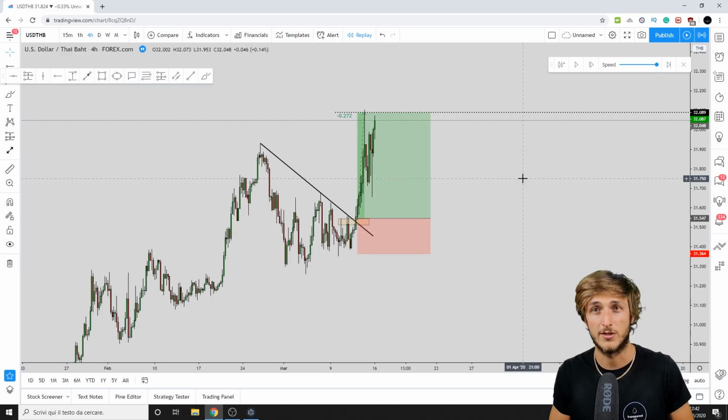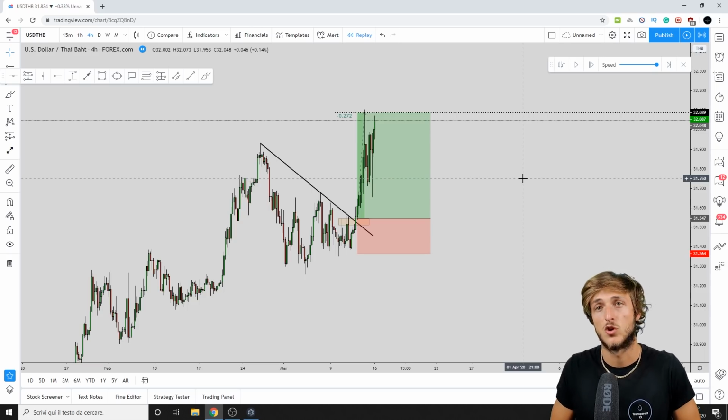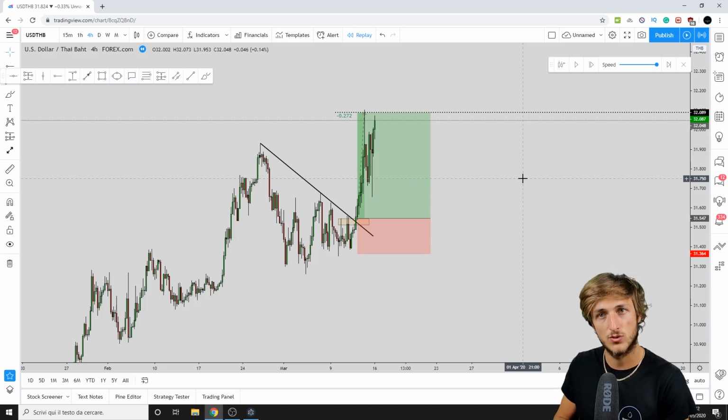And as you know, 3 times 3 is 9, minus 7 is 2. So even if you are right only 3 times out of 10, you're still in profit. And that is the key to long-term consistency, and why this trick that helps you understand when the next continuation is supposed to start will help you ride the bigger moves for the biggest risk to reward, therefore helping you be consistent in the long term in the market.